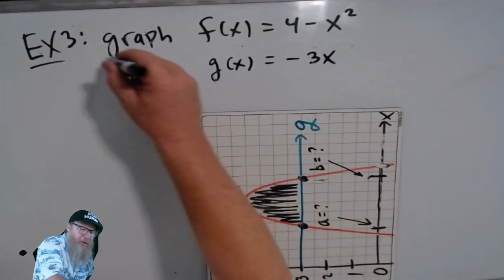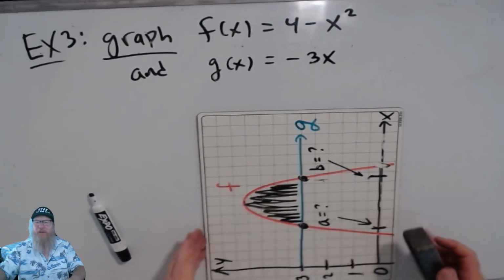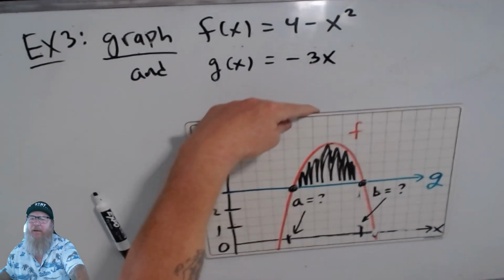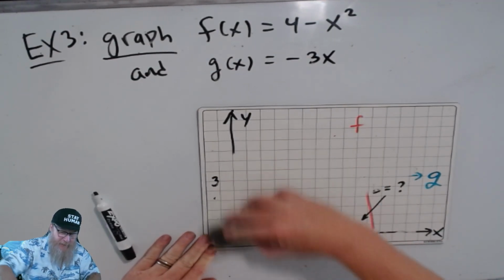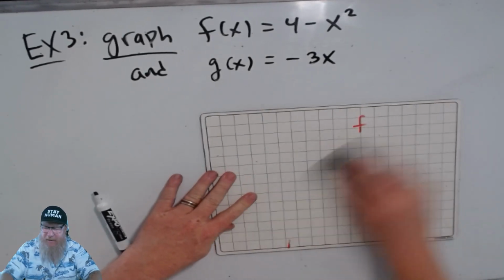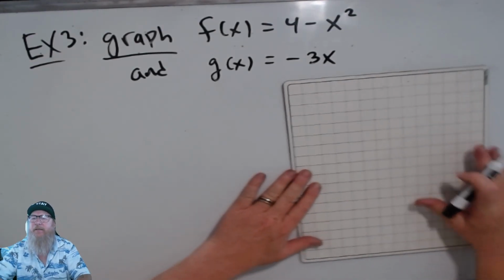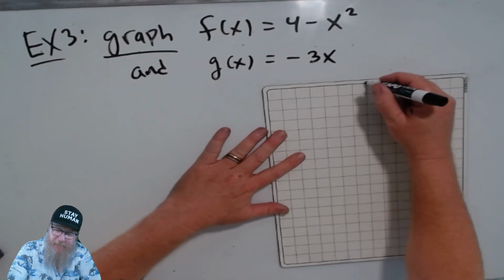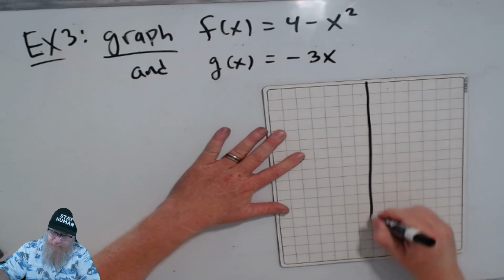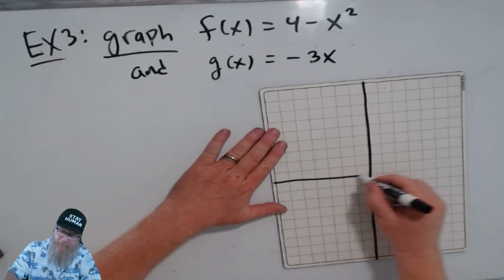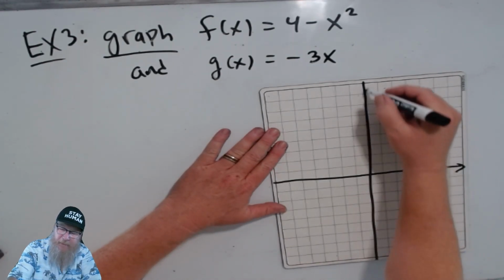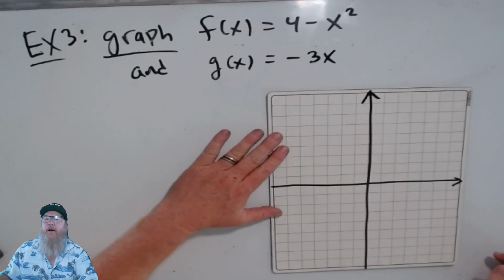Now, when I ask you to graph a function, you can certainly do this on scratch paper, like what I did in the last example, but I think I want a little more detail for something like this. So let's go ahead and graph this.